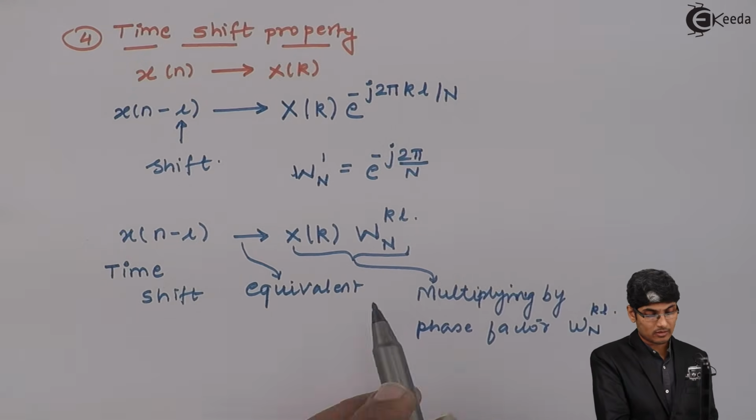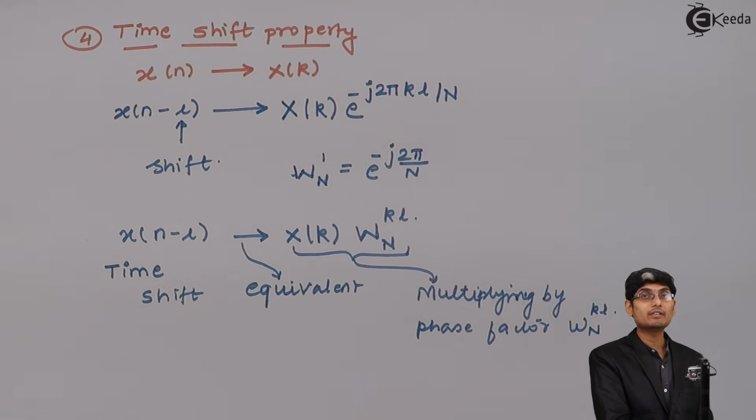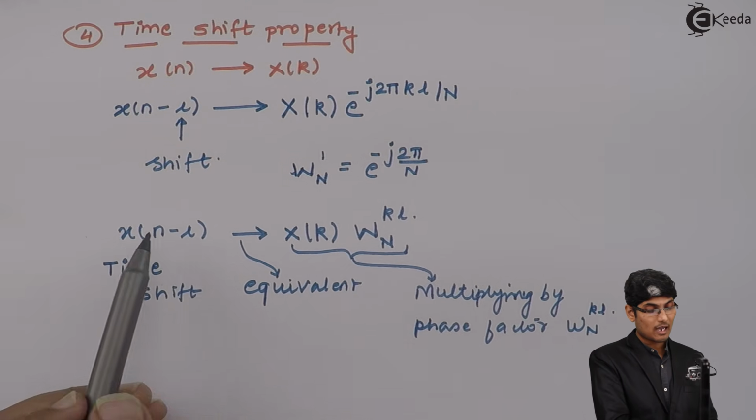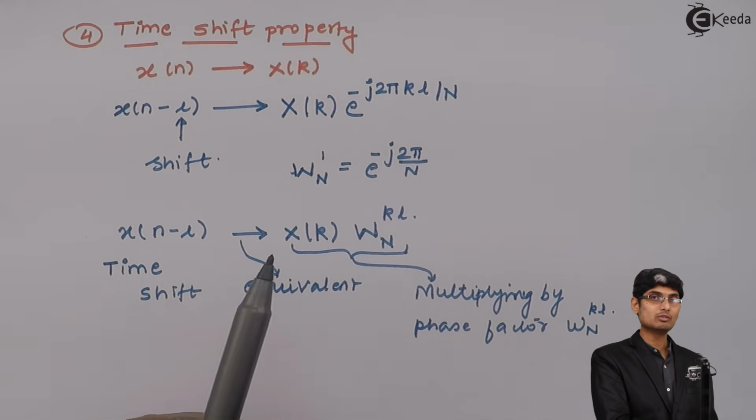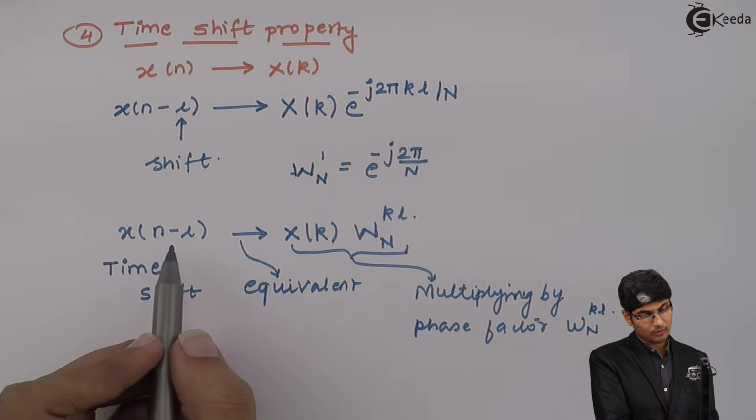So it is as good as multiplying by a phase factor of W N raised to kL. As L increases, this factor is going to change accordingly. This is for x of n minus L.